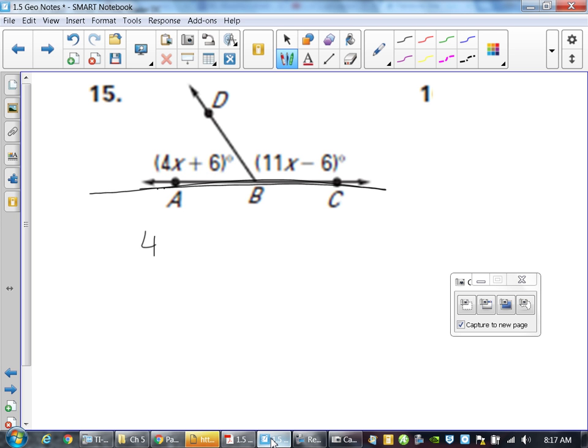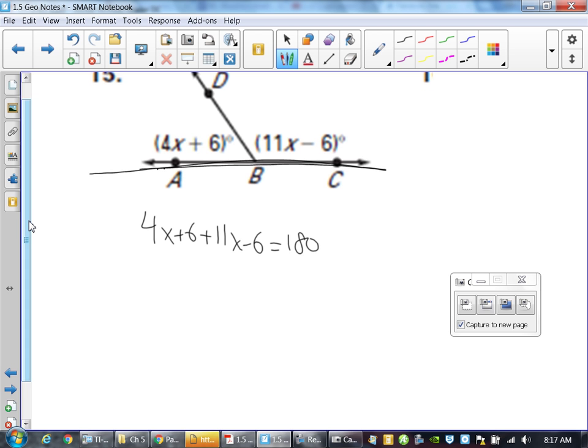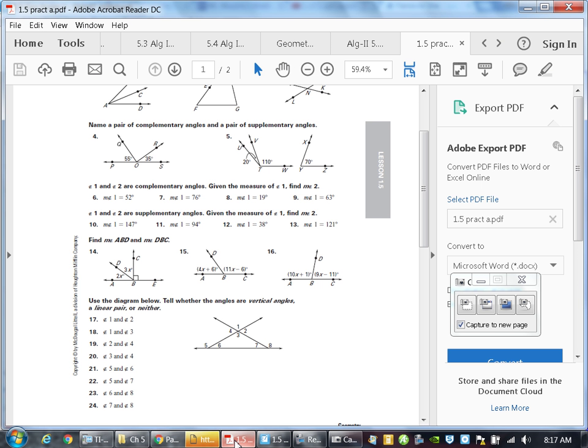So it's 4x plus 11x minus 6 equals 180. Were the directions just to solve for x or to find an angle? I'm glad you asked, because I just forgot. Find ABD and DBC.